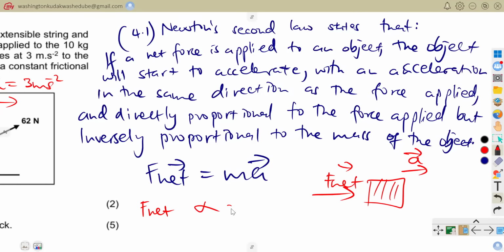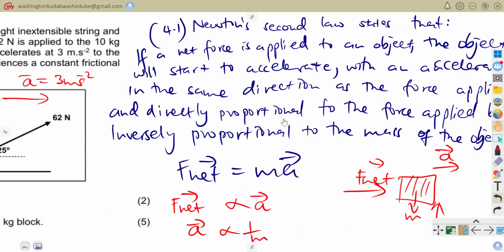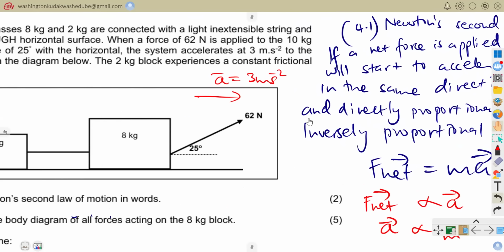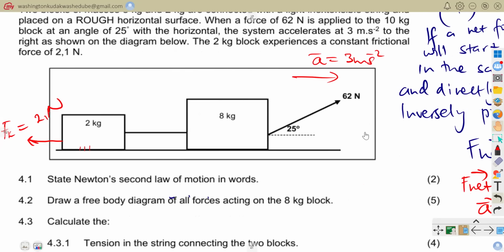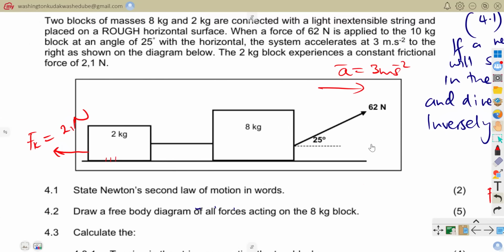That acceleration will be directly proportional to the net force applied, but inversely proportional to the mass of this object. Meaning, the greater the mass, the smaller the acceleration. That is how you would have stated Newton's second law there.